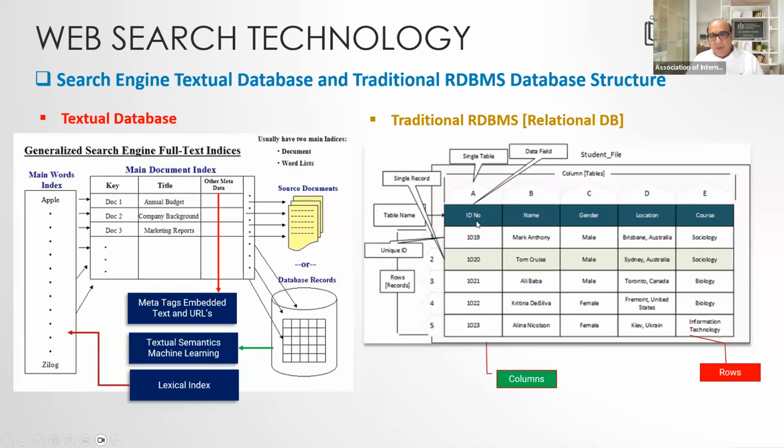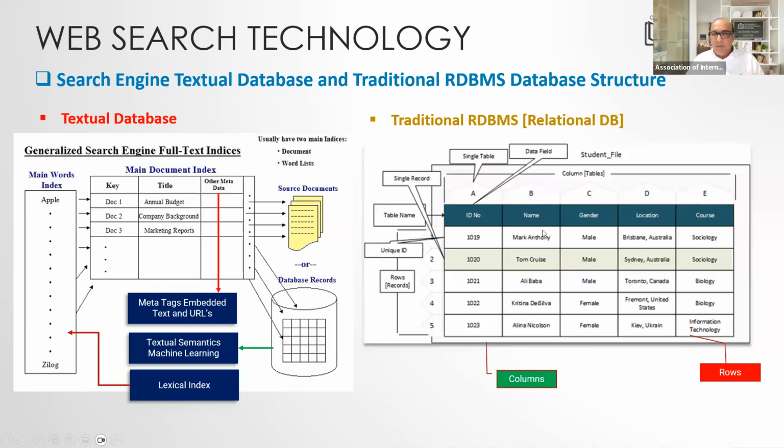But the RDBMS has got tables, the vertical tables, horizontal tables. Records are set in the horizontal table. Each one of these boxes is what we call a data field, and each data field has a way of recording either numeric or alphanumeric characters, and they are named. So the first data field, which is A, is called ID numbers.